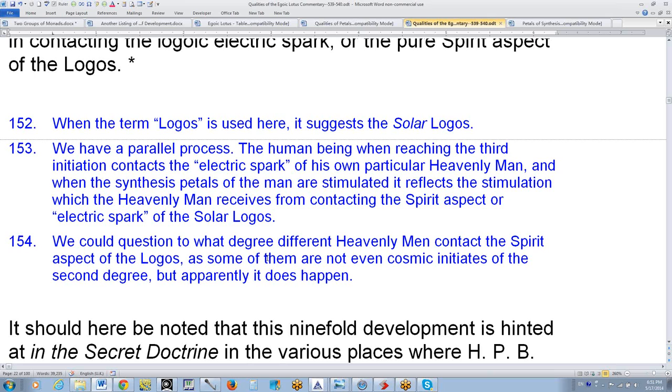So we could question to what degree different heavenly men contact the spirit aspect of the Logos, as some of them are not even cosmic initiates of the second degree, but apparently it is happening.